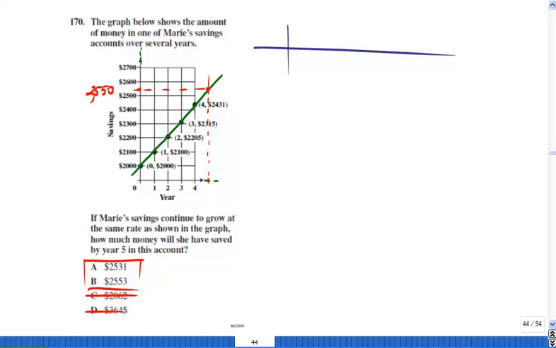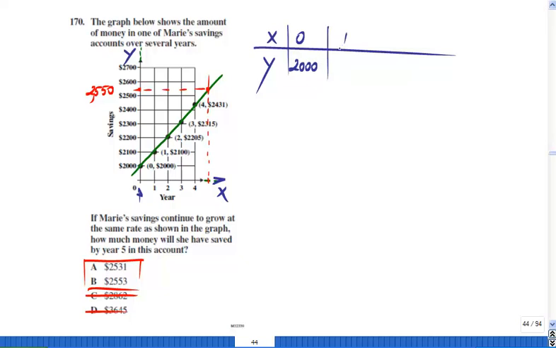Well, how about making a t-table and calling this y-axis y and the other one x, right? X, the inputs, y, the outputs. Inputs given by year. Year 0, as you can see, we have a 0 year where basically her savings were $2,000.